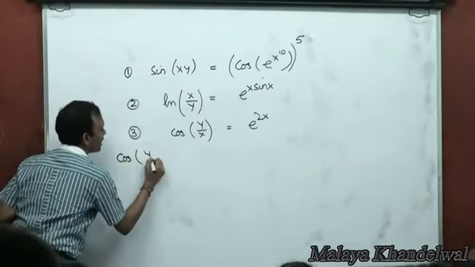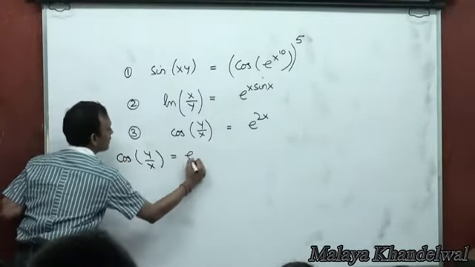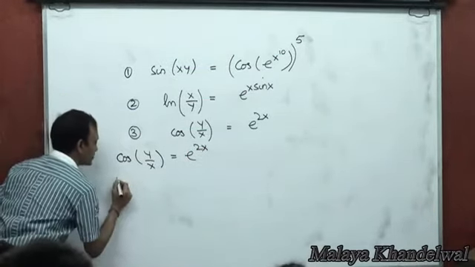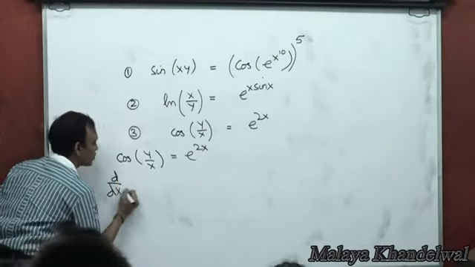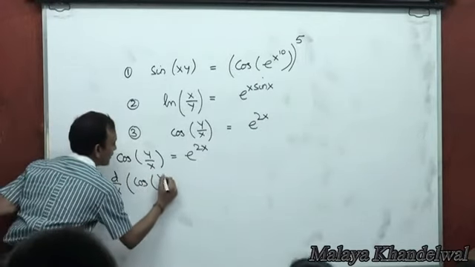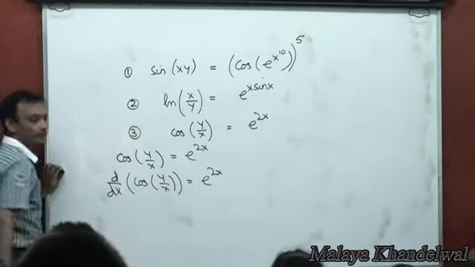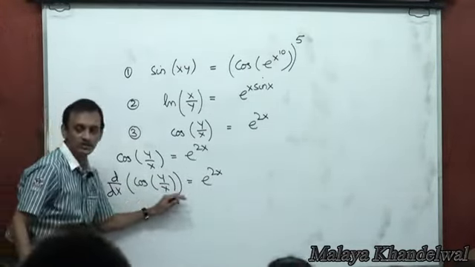Now cos of y by x is e power 2x. Differentiate both sides with respect to x. d/dx of cos of y by x is e power 2x, and then go from outside to inside.